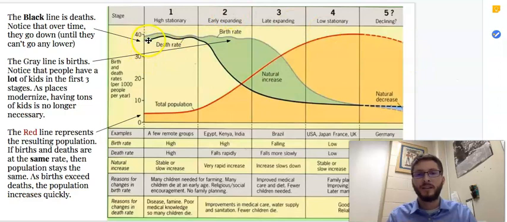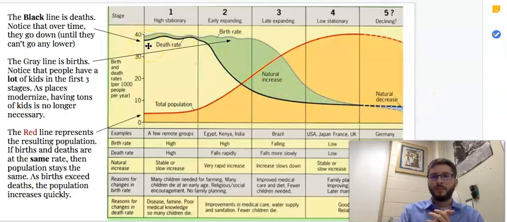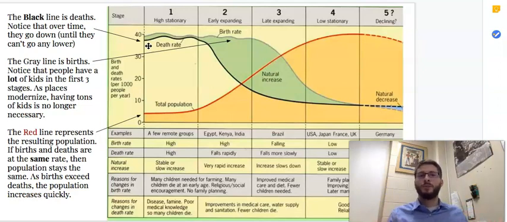It says that the black line, this line here, represents deaths over time, okay? So over time, the death rate in a country should go down as that country progresses, as its technology and medicine improves, okay? Now let's look at this gray line, okay? The gray line that's right here, you can see that that is births, okay? The birth rate.